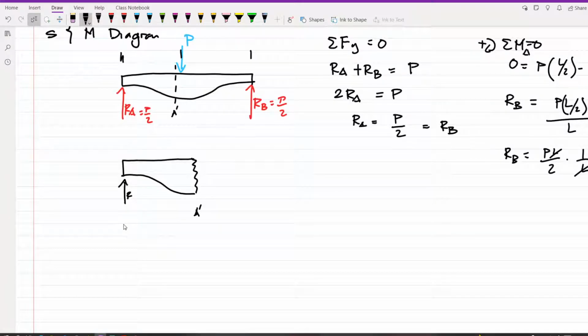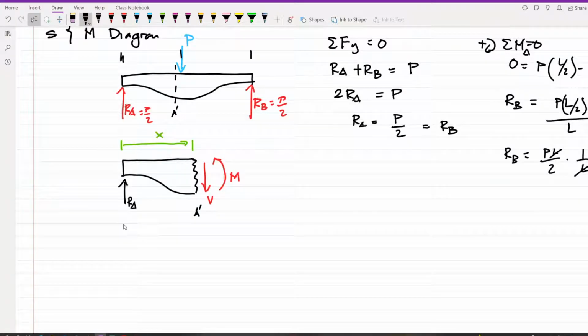Meron tayong RA, tapos meron tayong V at M dito. Ito V, tapos ito ay may X, at any point X.